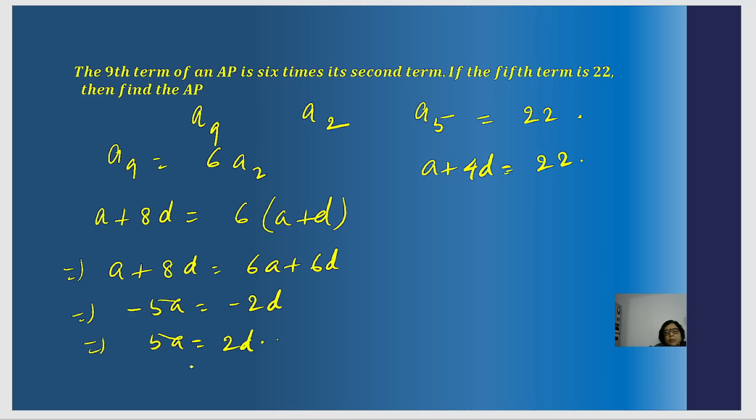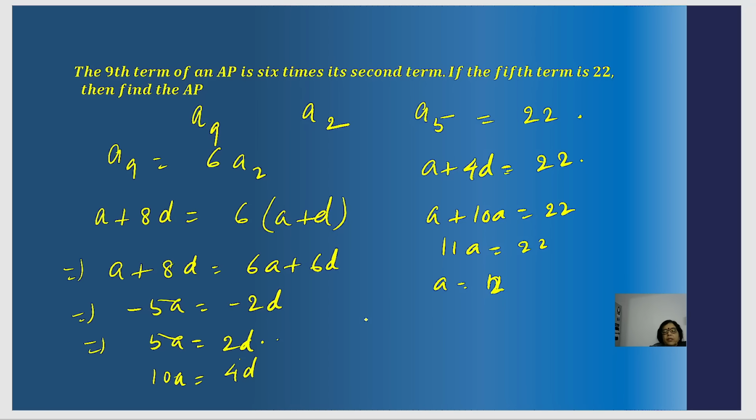But here the simplest approach: 2D is equal to 5A, so 4D will be equal to 10A. So I'm just putting the value here as 10A is equal to 22. So 11A becomes equal to 22. So A becomes equal to 11. Sorry, A becomes equal to 2.